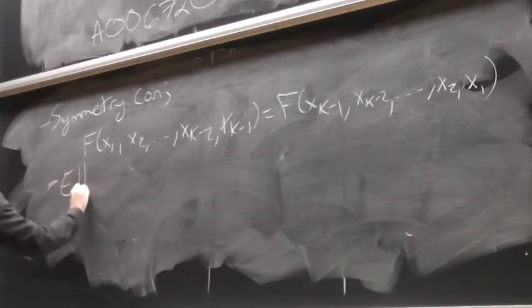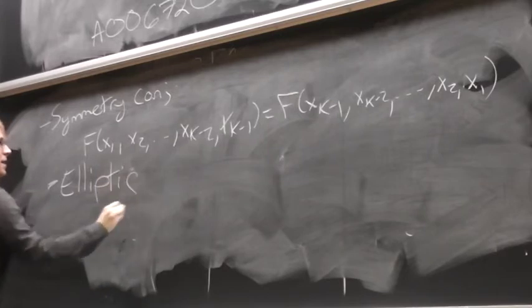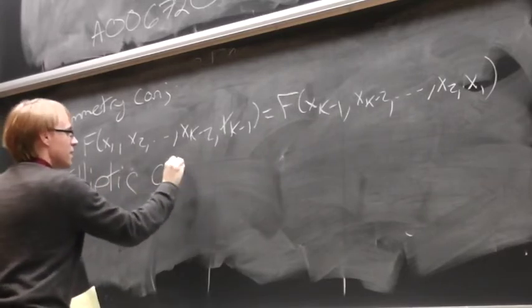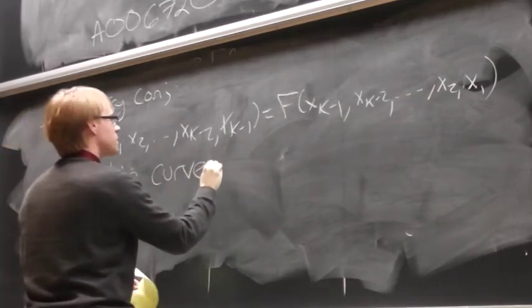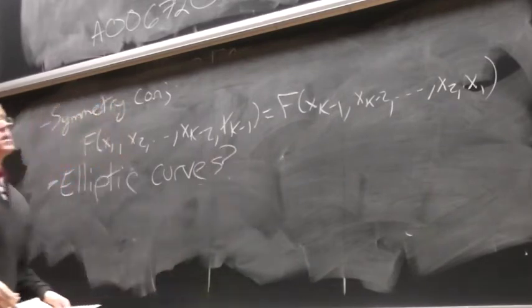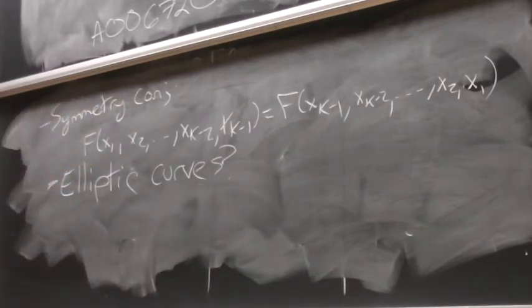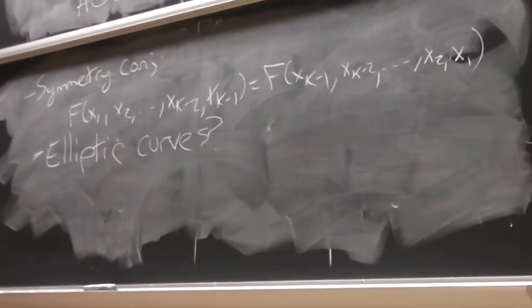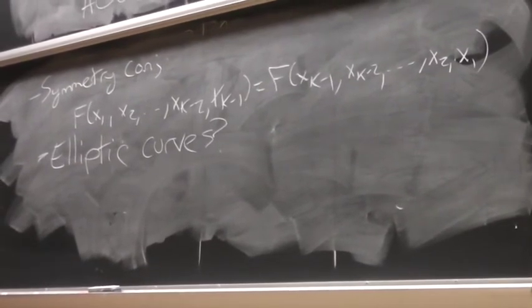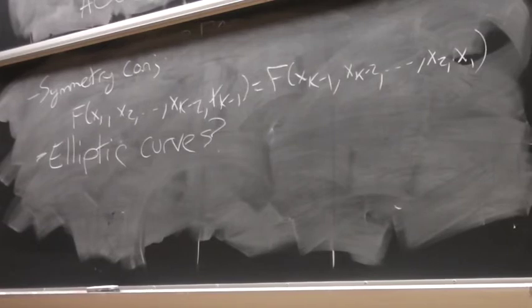Really fast, I have no idea if you can do anything, but can you go backwards? Michael Somos first came up with these through a study of elliptic curves back in the 80s. I don't understand elliptic curves well enough to know whether you can do this or not, but can you go backwards from Somos-like sequences that are integral to elliptic curves?